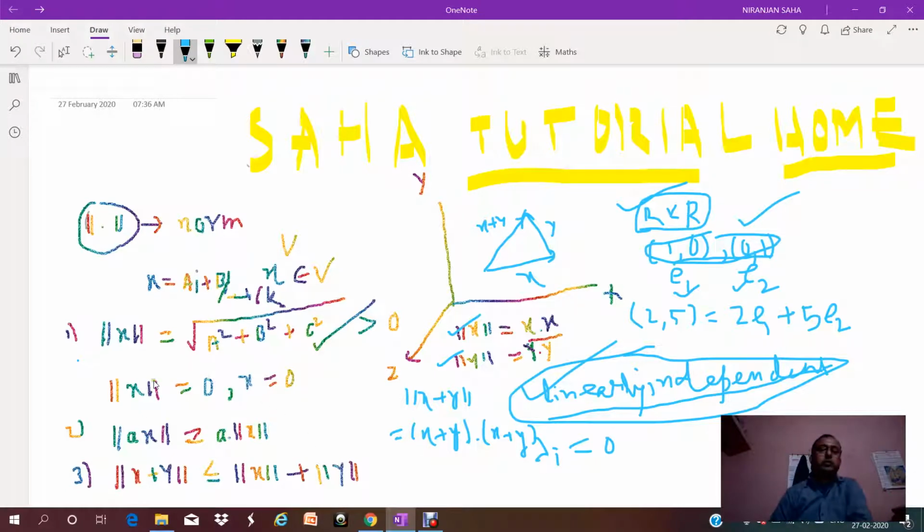So these are the properties of a norm. If these three properties hold, then the norm generates a space on the vectors.